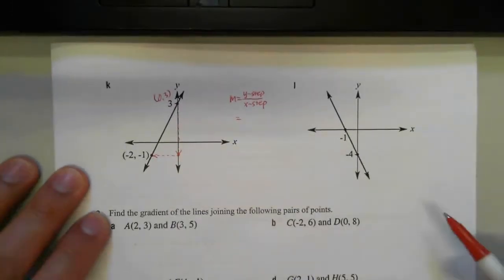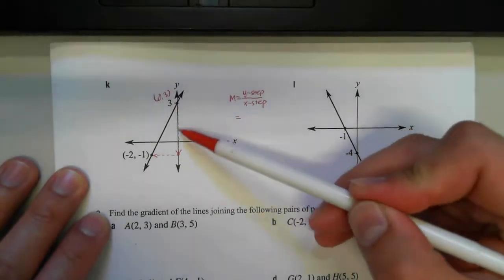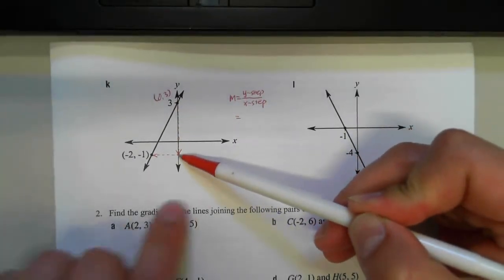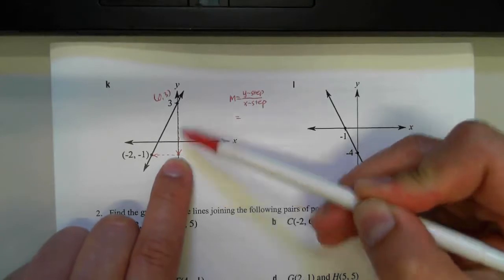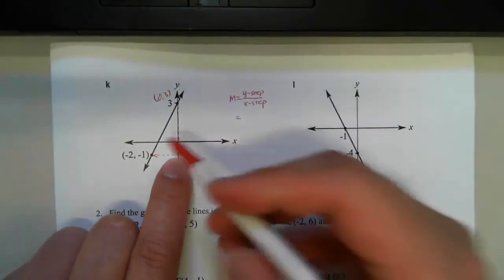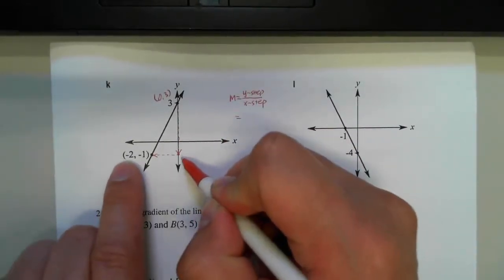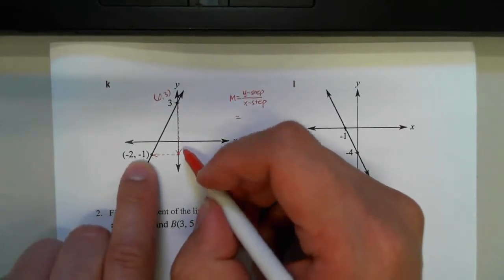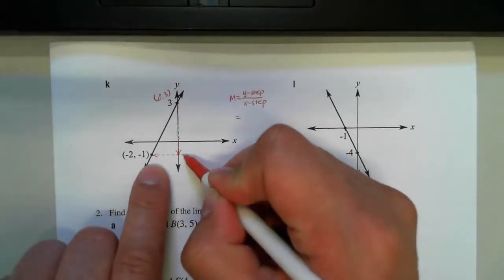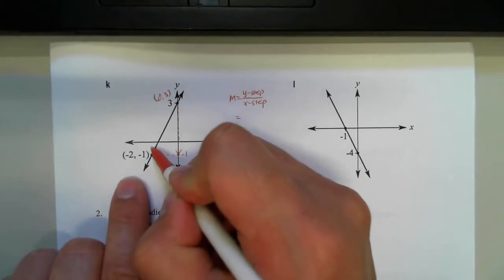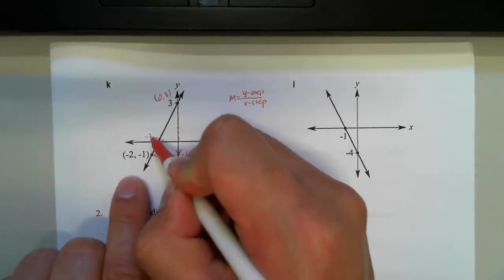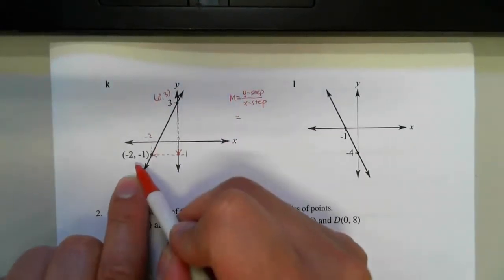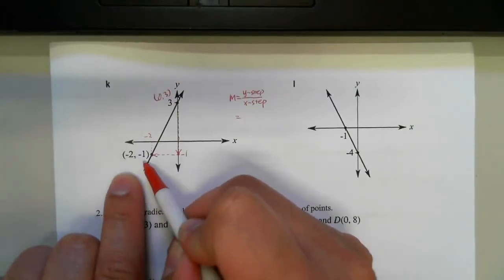So y step is we start from here and end from here. So I'm going to use this coordinate take away this coordinate. This one is -2, -1, so the y is -1. And then this point here is 0, 3.